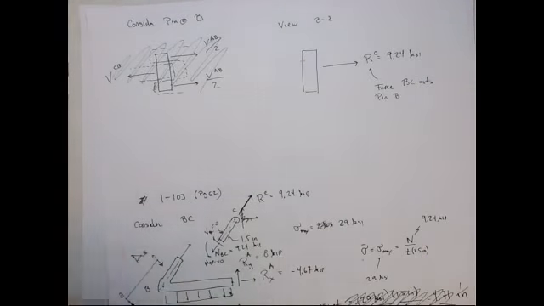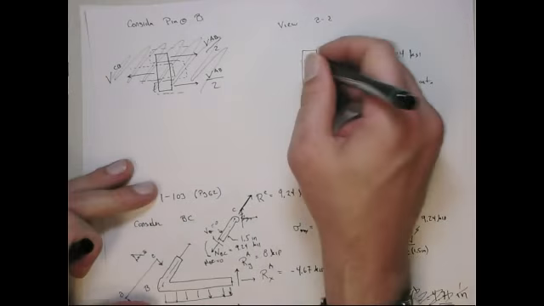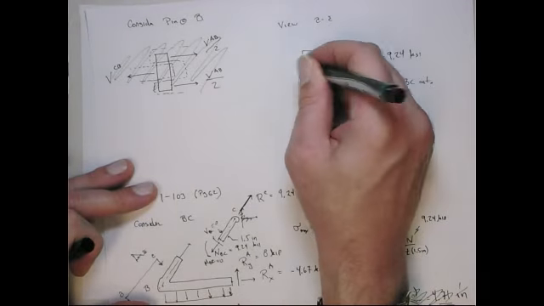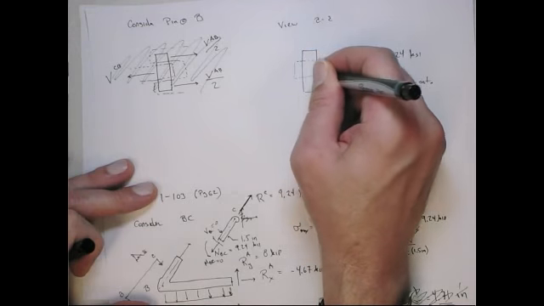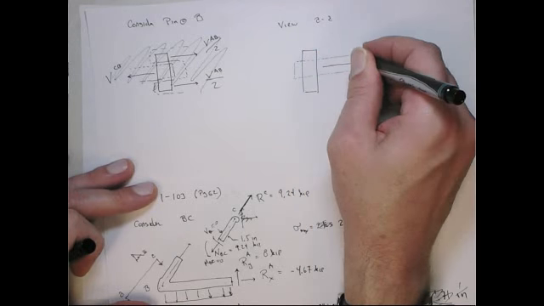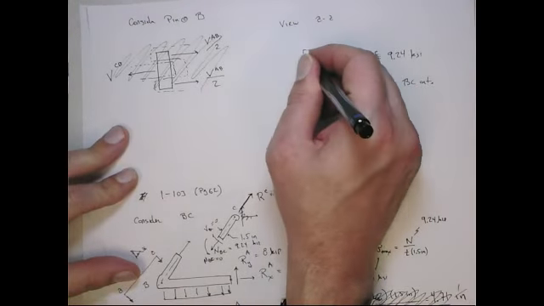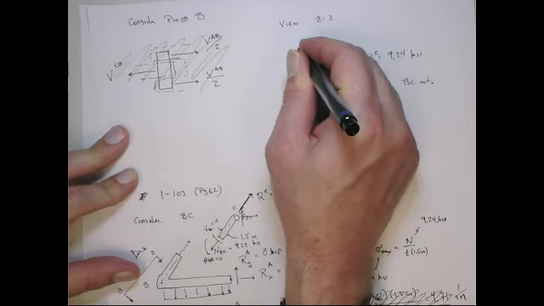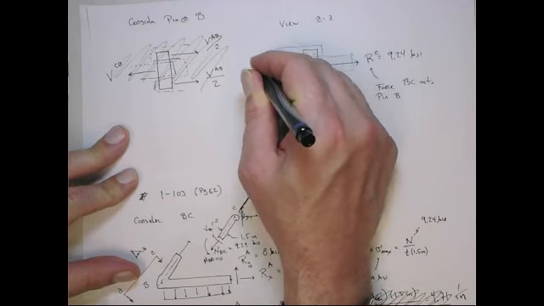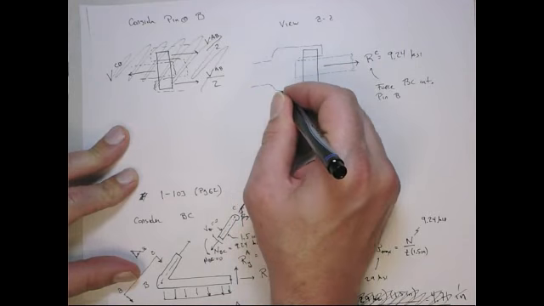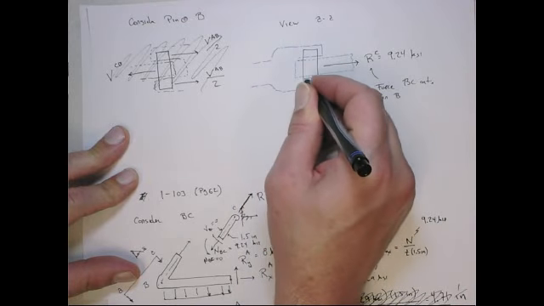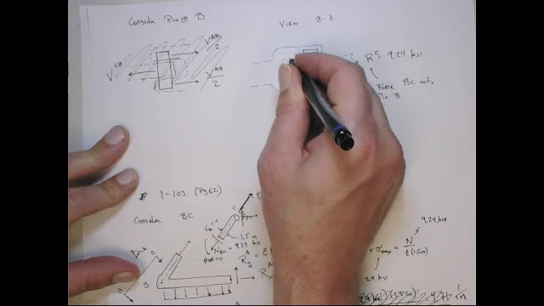Now let me do a different color. I'll make it stand out a little better. Right? So that's that element in green, BC. All right? Now, AB has this sort of knuckle shape going around the pin. Looks like this somehow. Okay?